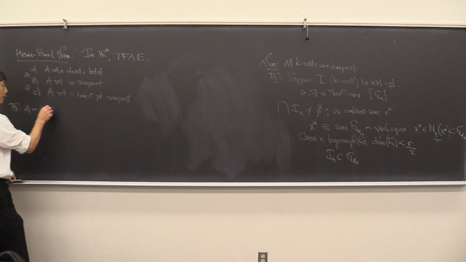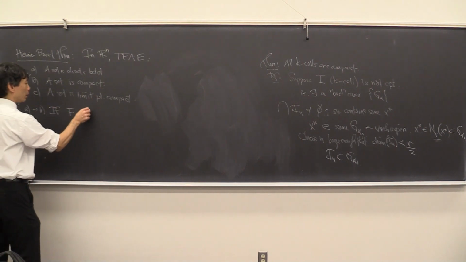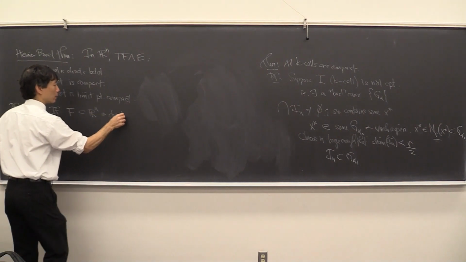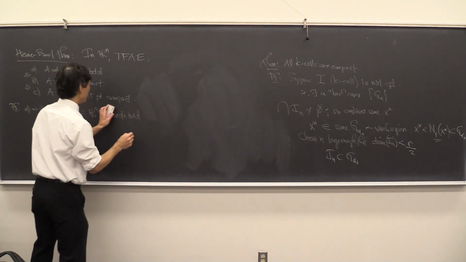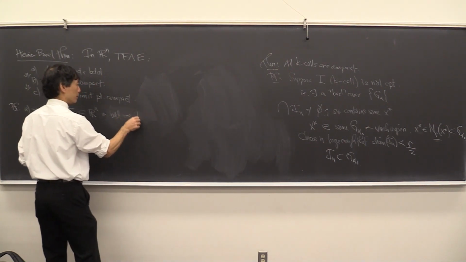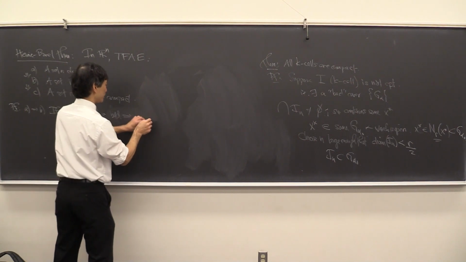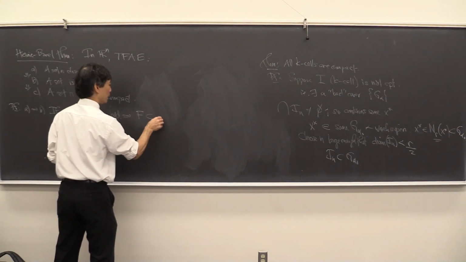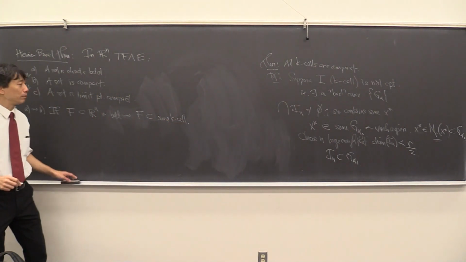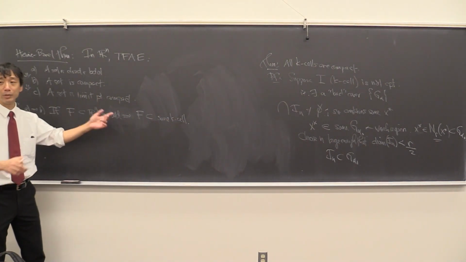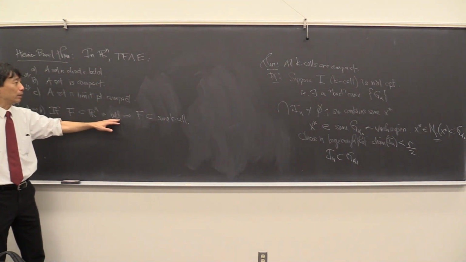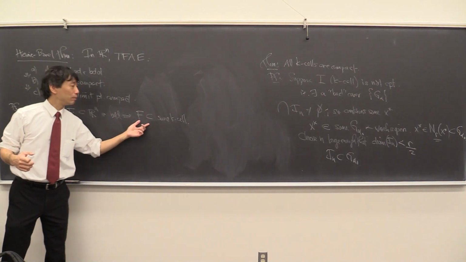Well, if F in R^n is closed and bounded, then since it's bounded, it's contained in some k-cell. You can just choose some k-cell big enough that contains it. Okay. Why is it compact then?